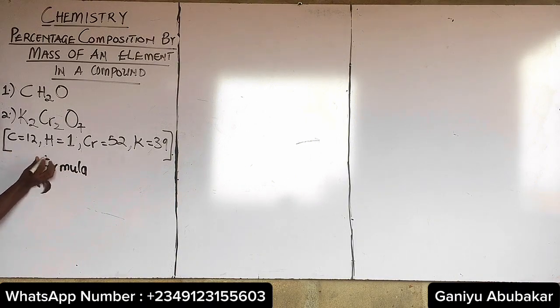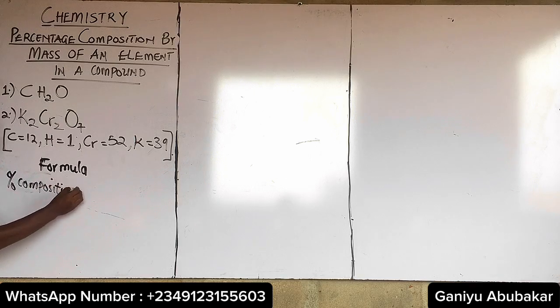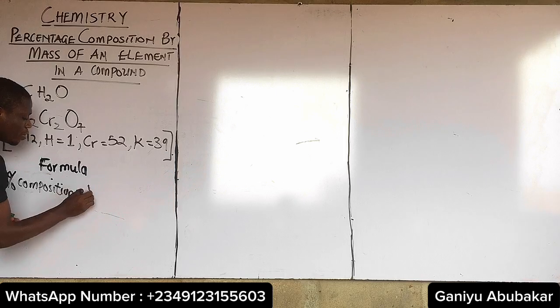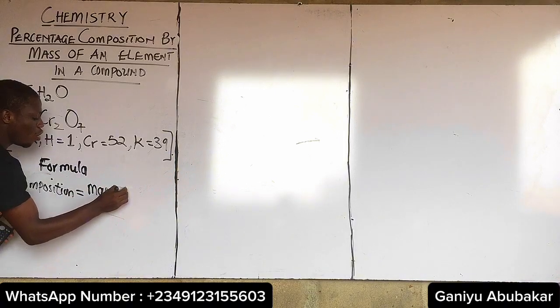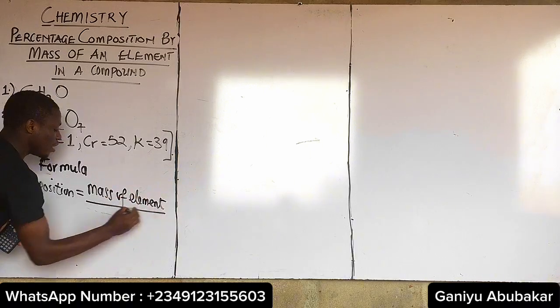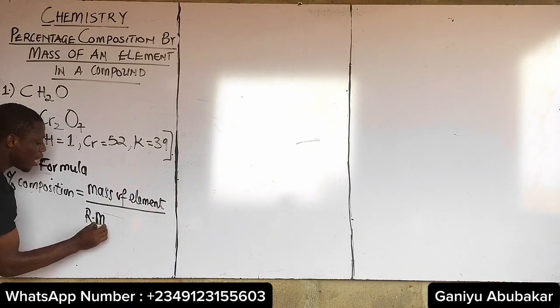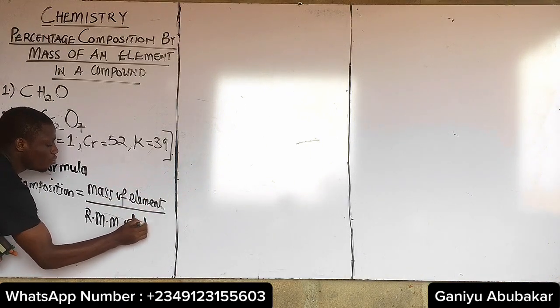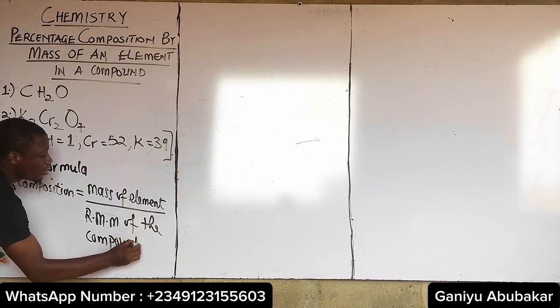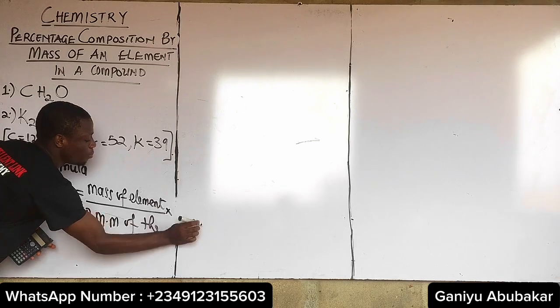The formula is given as percentage composition is equal to the mass of the given element, all over the relative molecular mass of the compound, times 100%.